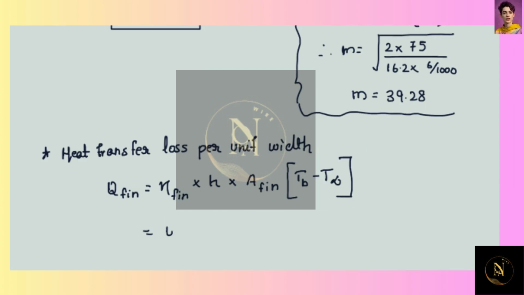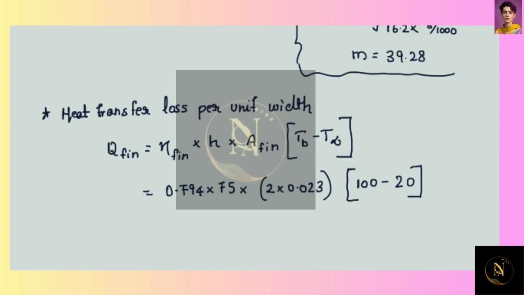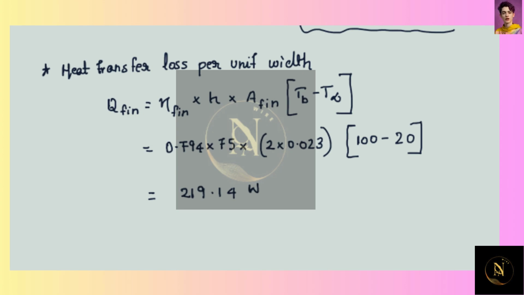Substituting the values, the efficiency is 0.794 into h is 75 into area 2 into 0.023 into the temperature difference, which is 100 degrees Celsius minus 20 degrees Celsius. Upon solving, we will get heat transfer loss per unit width to be 219.14 watts.